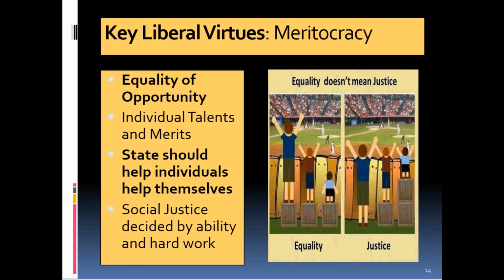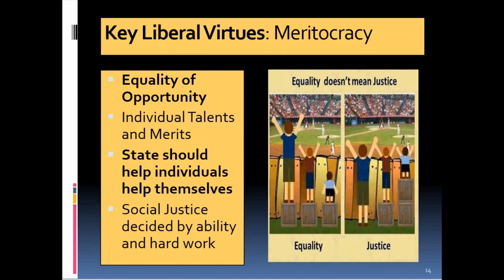And if you see there on the right, that famous picture that does the rounds on social media all the time, it's a useful visual aid for getting at what we're driving at here.